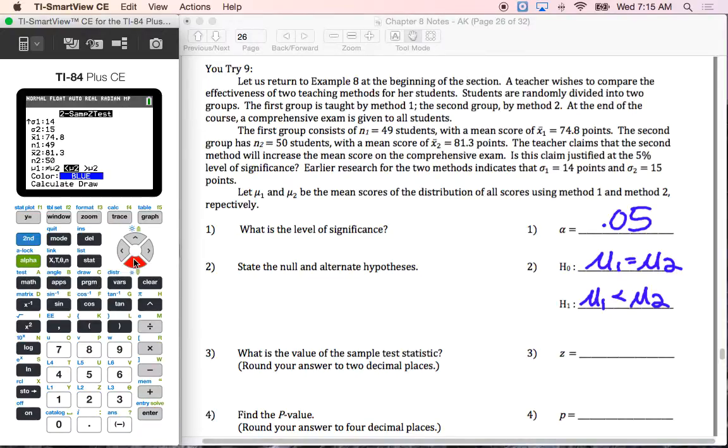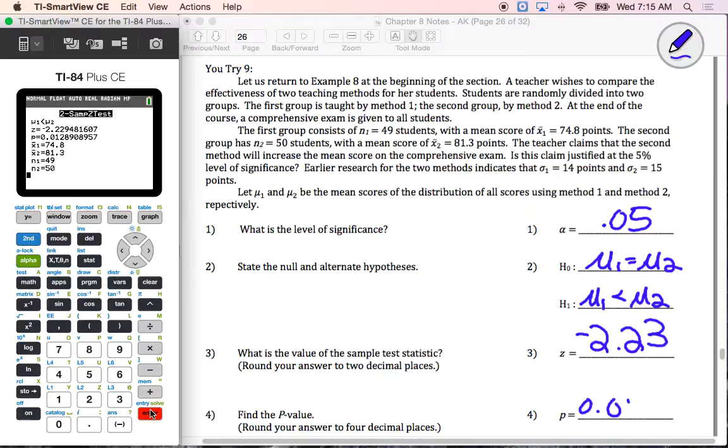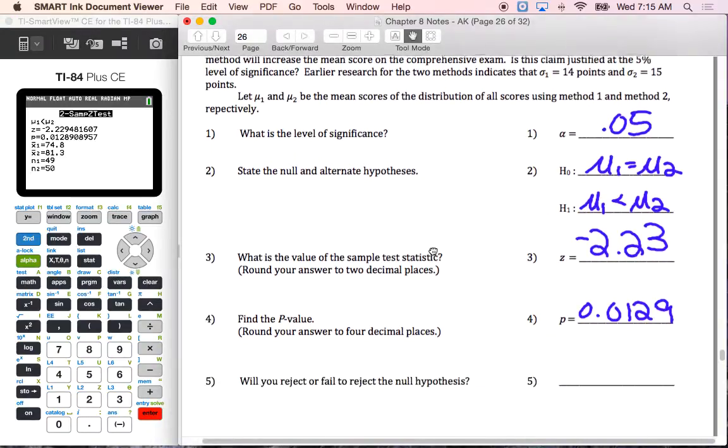And we go down to calculate. So when I go through that, your z should be negative 2.23. And your p is 0.0129. So we're going to compare that with our alpha.